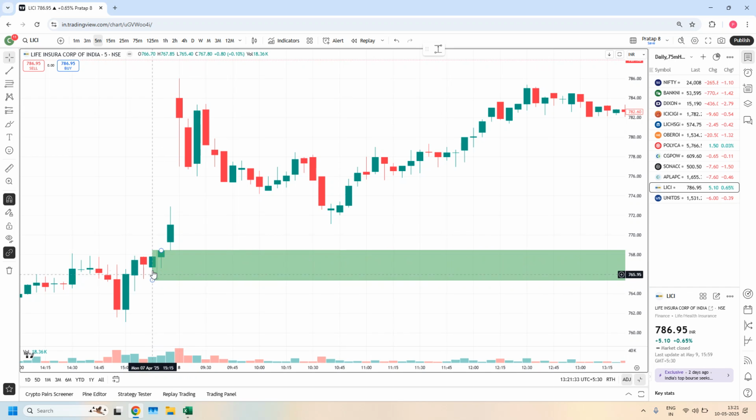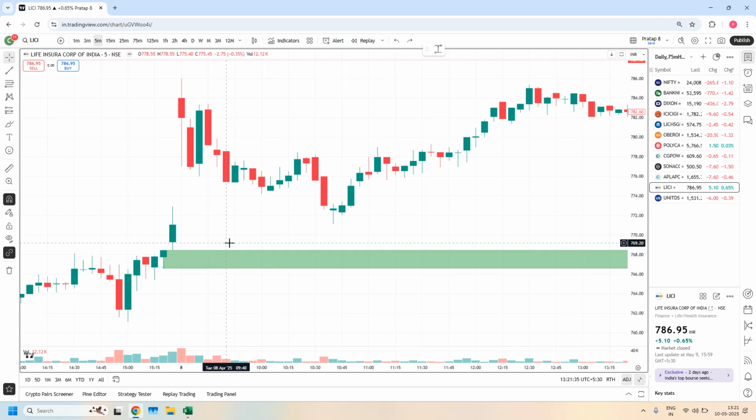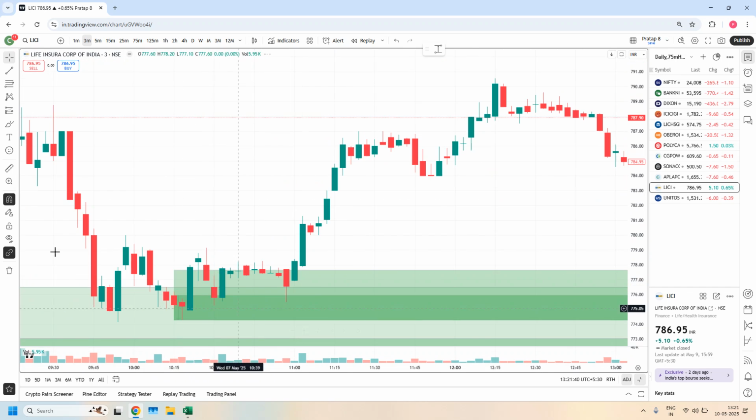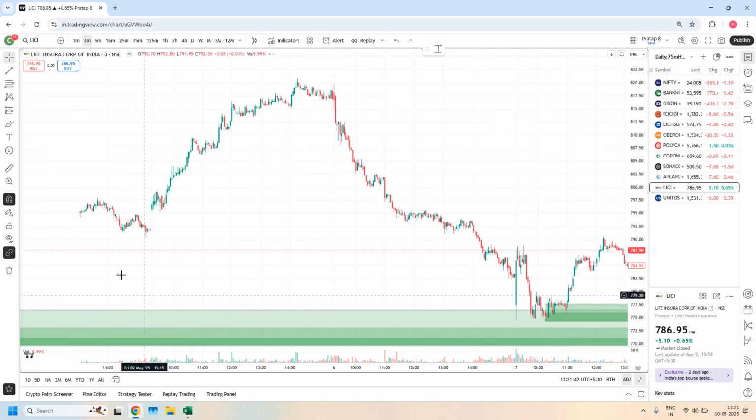Maybe if you are convinced that this is a failed ERC as a leg-in, then we can draw a zone like this. Or if you look into 3 minutes time frame, you may get some clarity.